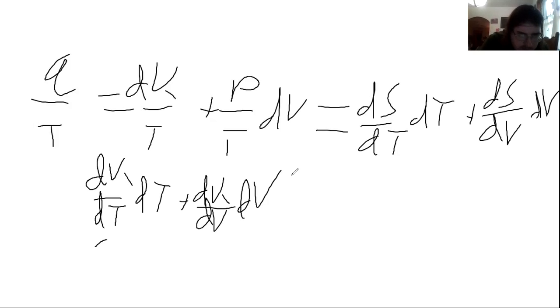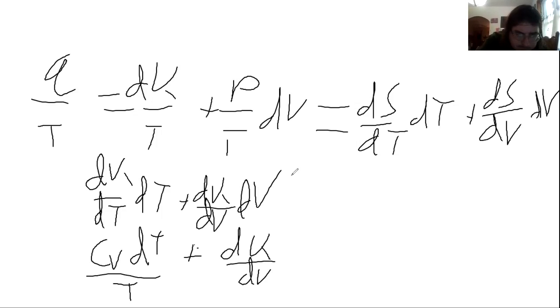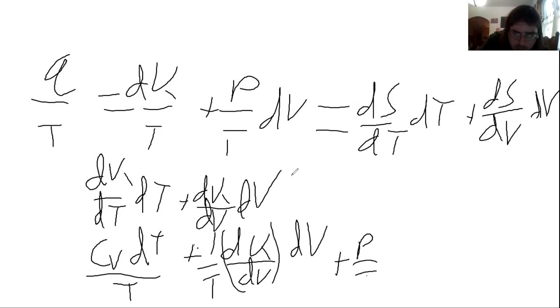We know this one is Cv. The other one, we're going to leave as is for right now. So basically, du dv dv over T plus P over T dV.